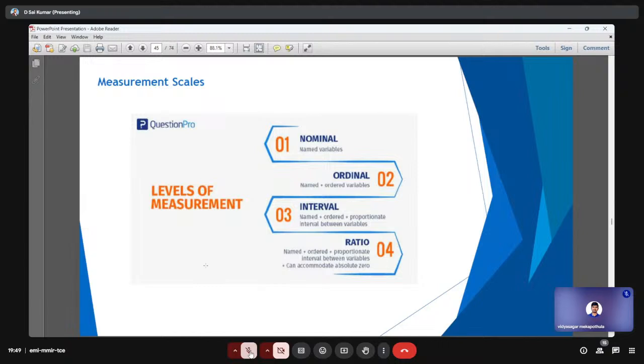And then we have interval. With respect to the interval scale, both the order and the exact difference between the values are significant. That is why it is named, ordered, and has proportionate intervals between variables.